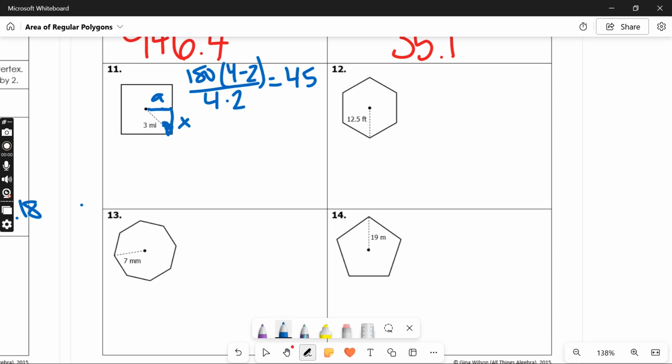So I'm going to say sine of 45 is equal to A over 3. So A is 3 sine of 45, which tells me A is 2.12-ish.